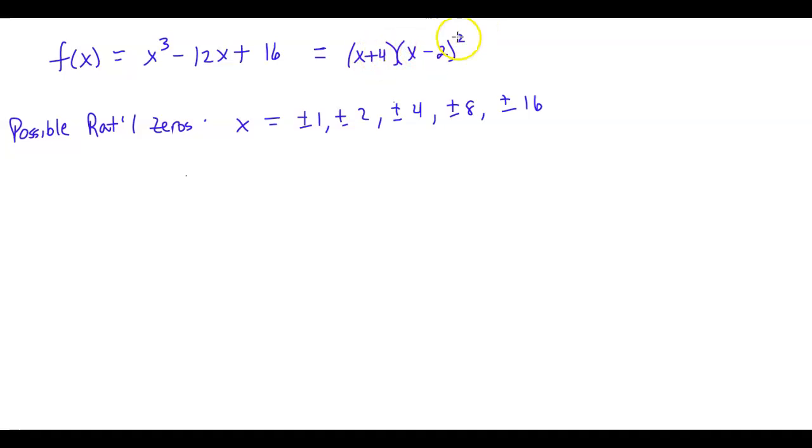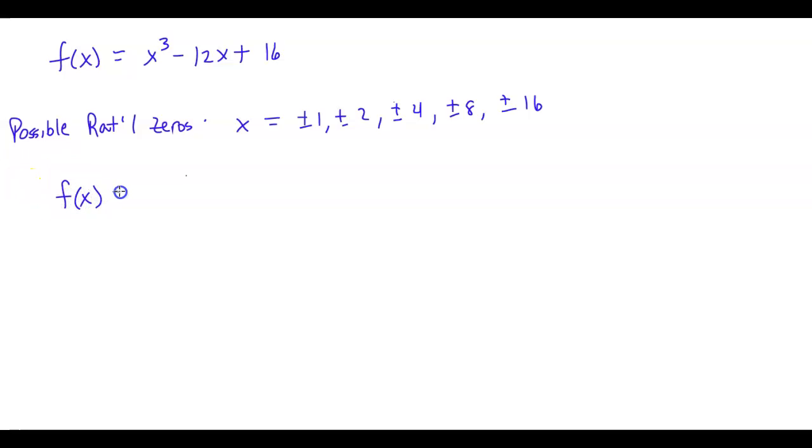I'm going to go ahead and erase this, but we want to keep in mind that we know that -4 and 2 are our actual zeros, and they're the only ones for this particular problem. So if we did not know the answer and we were using the rational zeros theorem, one of the things that we could do to get an idea of what types of zeros we had is use the Descartes rule of signs.